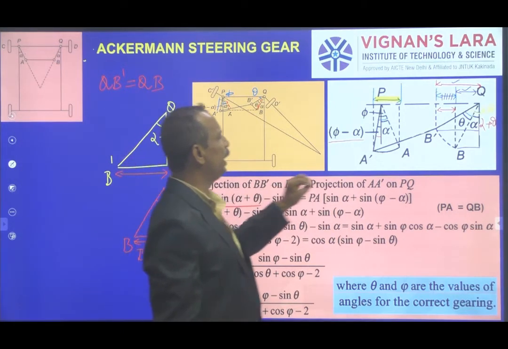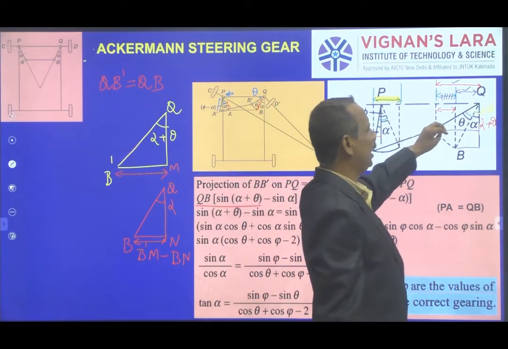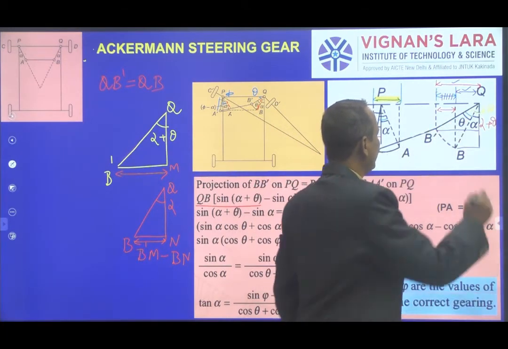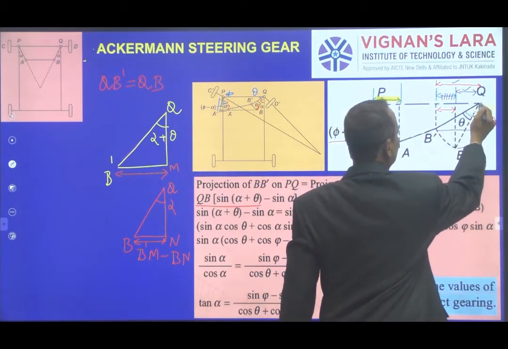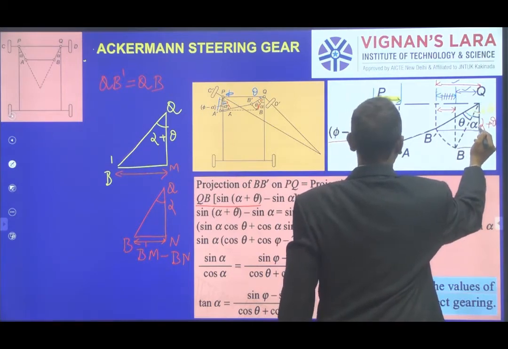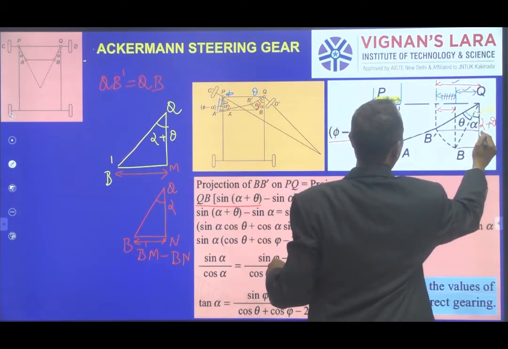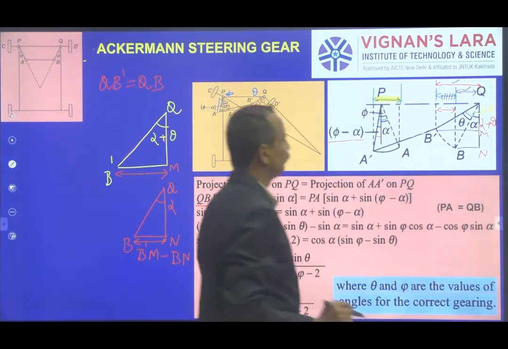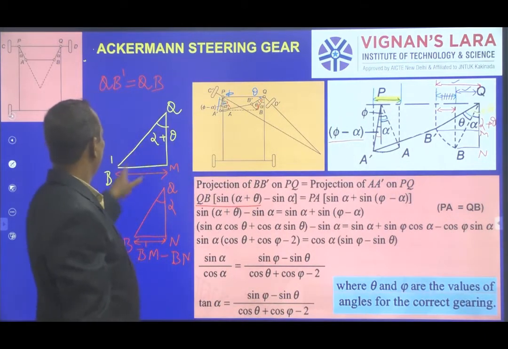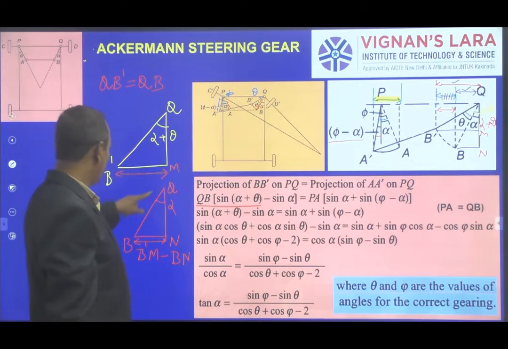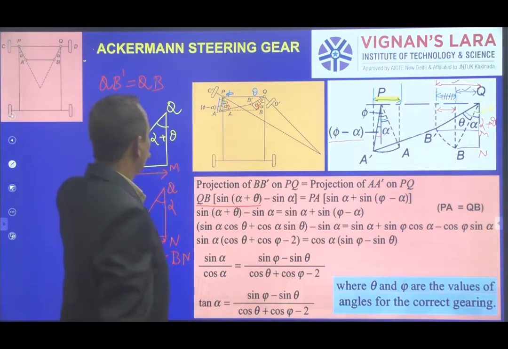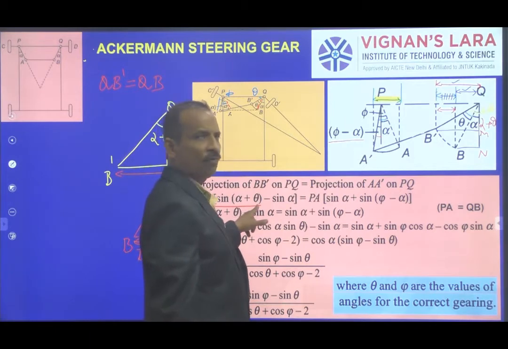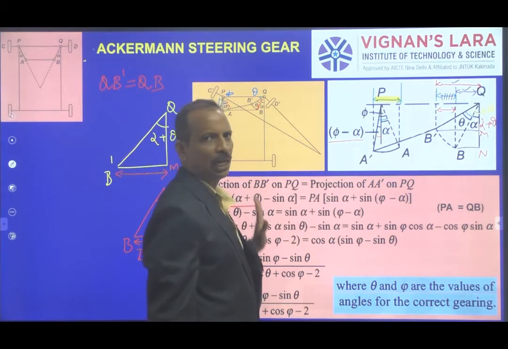I did a very simple basic fundamental equation by treating two triangles: the QB dash M triangle and the QB N triangle. So QB sine alpha plus theta minus sine alpha.